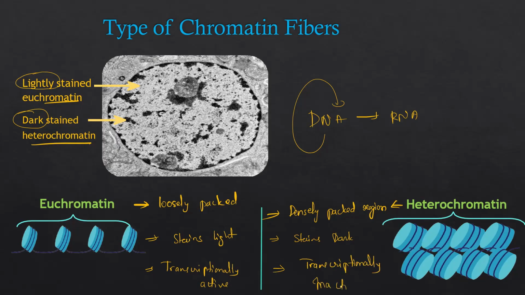Is that clear? So remember this: euchromatin is loosely packed, heterochromatin densely packed. Euchromatin stains light, heterochromatin stains dark. Euchromatin is transcriptionally active, heterochromatin transcriptionally inactive. Whatever the dark stain, it's heterochromatin. Whatever the light stain, it is euchromatin. And remember, chromatin is a coloring object, so it can stain. Clear? Understood?